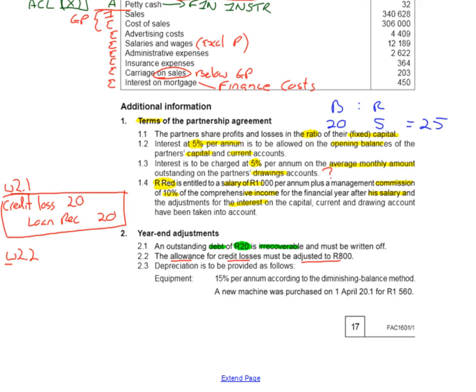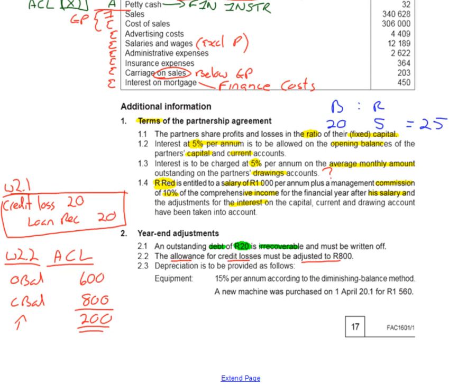Working 2.2, the allowance for credit losses, opening balance was 600, closing balance was 800, therefore it is increased by 200. If I increase the allowance for credit losses, I must decrease the debtor, right?